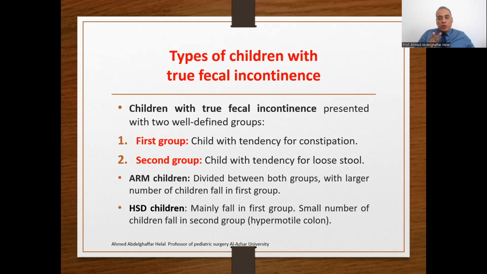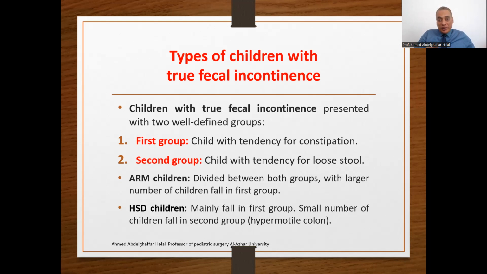So you may have two types. Both children have true fecal incontinence. One of them presents constipated all the time, and the other presents with frequent episodes of diarrhea. And both are truly fecally incontinent.